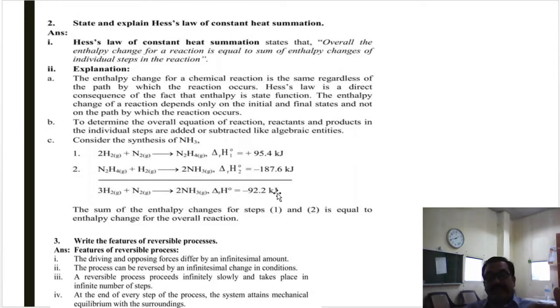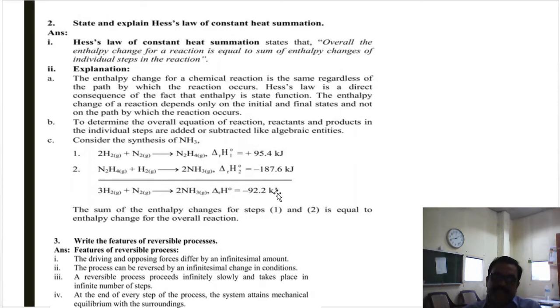After addition, the final reaction is 3H2 gas plus N2 gas gives 2NH3 gas, and the enthalpy of reaction is equal to minus 92.2 kilojoules. That is, the sum of enthalpy changes of both steps gives the overall enthalpy change for the reaction.